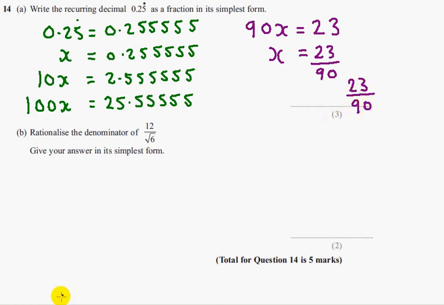Okay? Now, part A is worth 3 marks. So let's have a quick look at the mark scheme. Okay, so the first one's a method mark for this bit here.